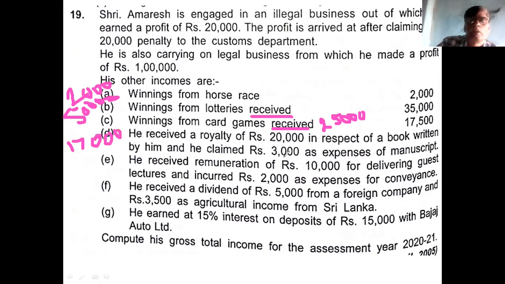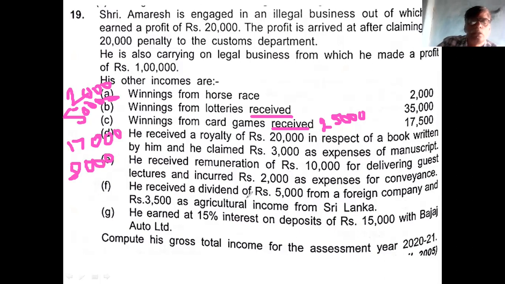Then he received remuneration 10,000 for delivering a guest lecture, and conveyance expense is 2,000. It is relating to the lecture, so you deduct it. Then E point income is 8,000. Okay. Then come to the next.